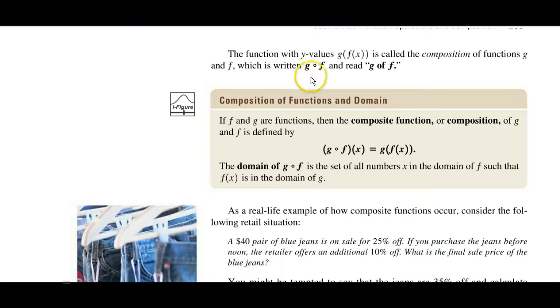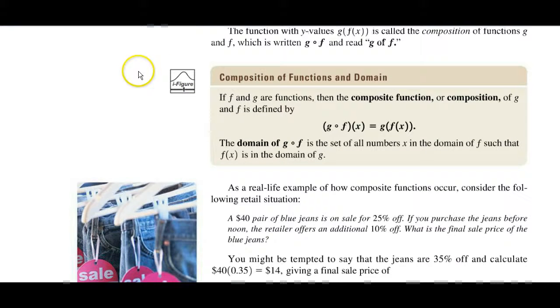But now they switched it around, which is okay and will happen, g of f. And all it means is that here you're going to put the f value in first and get the g. The other one was you put the g value in first and get the f. All right, but let's take a look at an example here.